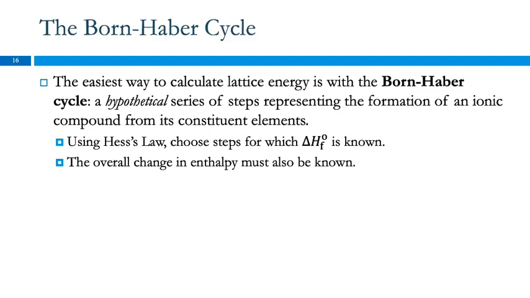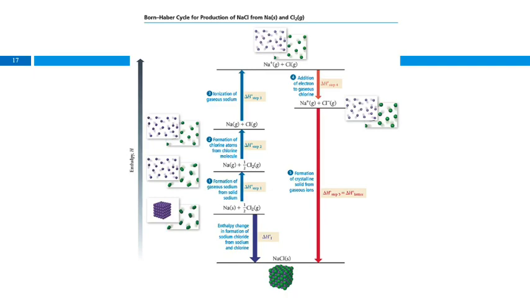So in the Born-Haber cycle, we're doing a very similar idea. This is a hypothetical series of steps where you're starting with the elements and you're making them into ions, and then you're putting them back together again. So it looks like this for sodium chloride.